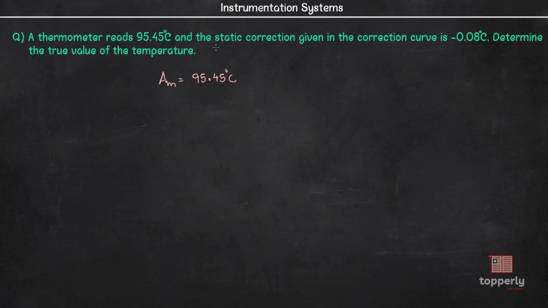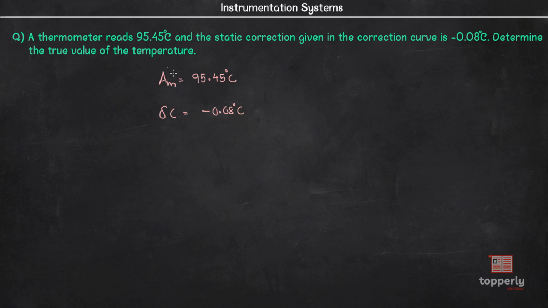The static correction given in the correction curve is minus 0.08 degrees Celsius. Therefore, static correction δC is equal to minus 0.08 degrees Celsius, and we determine the true value of the temperature.